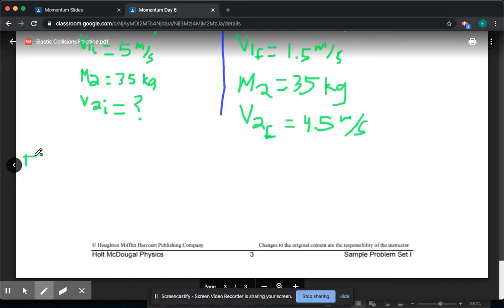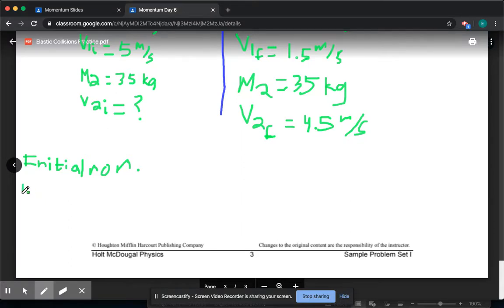So this is our initial momentum. Remember, for elastic collisions, momentum is conserved. It's the same as inelastic, so this part isn't any different.